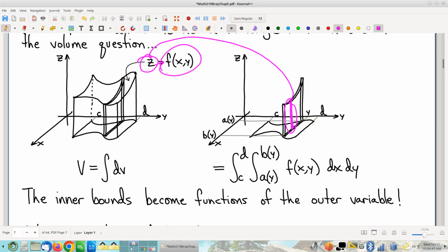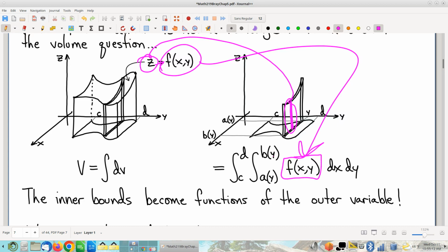Z is the value of the function. It's just going to tell me what my integrand is. That's it. That's the only way anything vertical in this picture shows up in the result. So, good news. I don't even really need to draw that because I should already know what my integrand is.